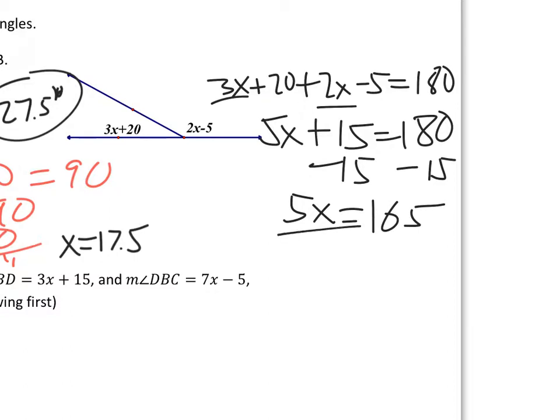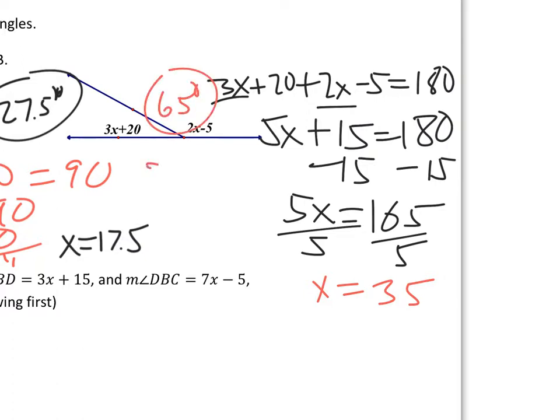If we divide by 5, that gives us 35. So plug that in, we get 2 times 35 is 70. So this comes out to be 65. That doesn't match the drawing very well, but the drawing's just a model. So they probably should be reversed there.